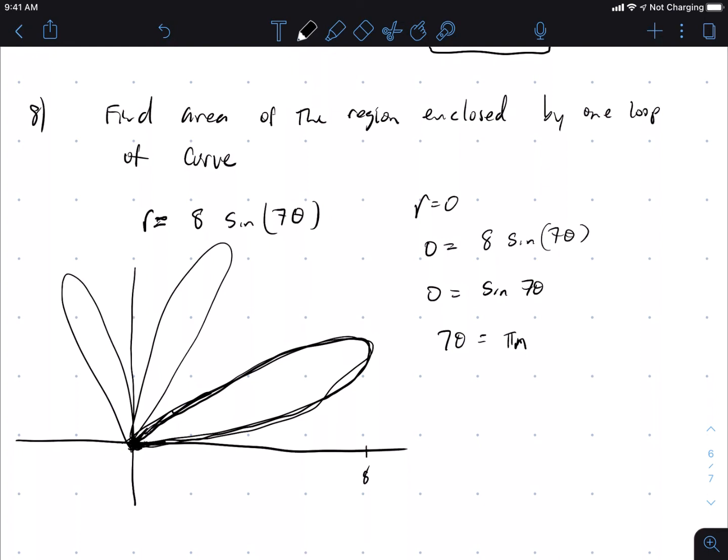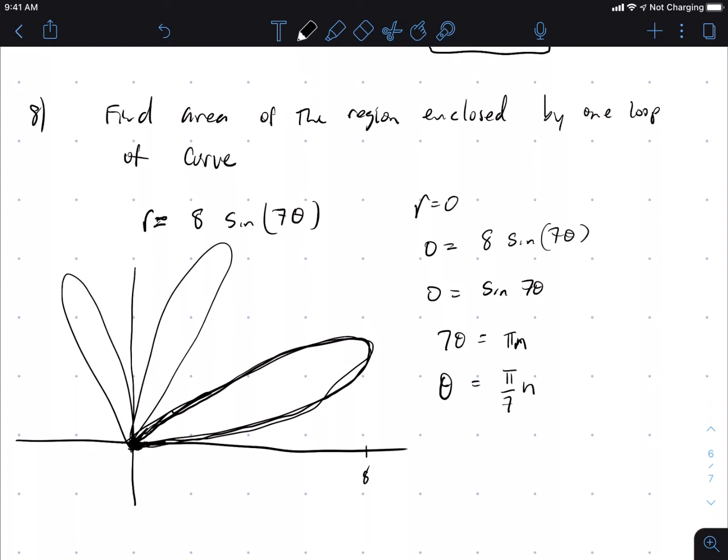So the first one we got, obviously we said was 0. The next one would be when our n is 1, right? Because it's the first time we come back. So it's 0 here, and then the first time we come back is right here. So that would be, our n would be 1. Agree? Agreed. Okay. So to get the angle, because that's what we want, it's going to be pi over 7 times n.